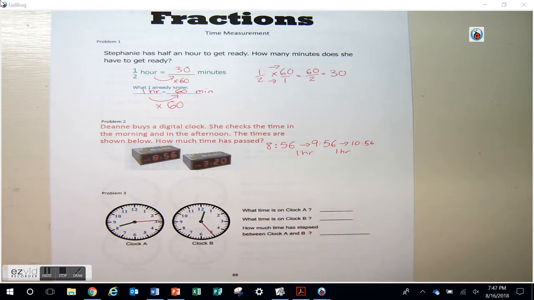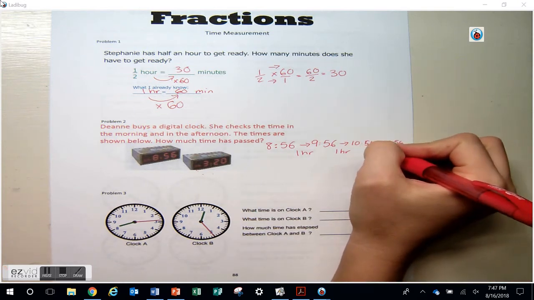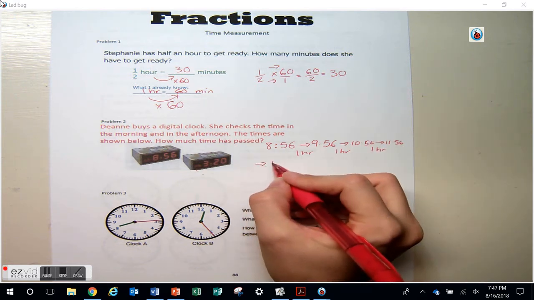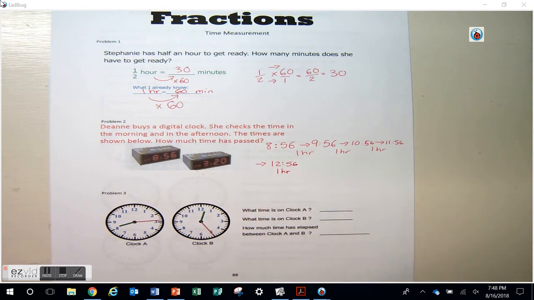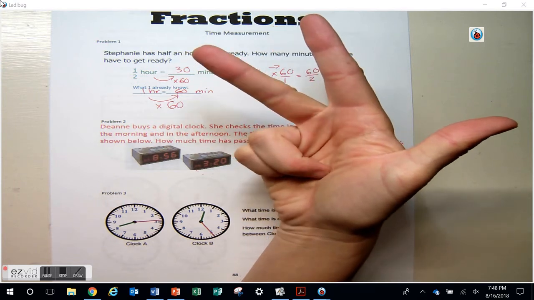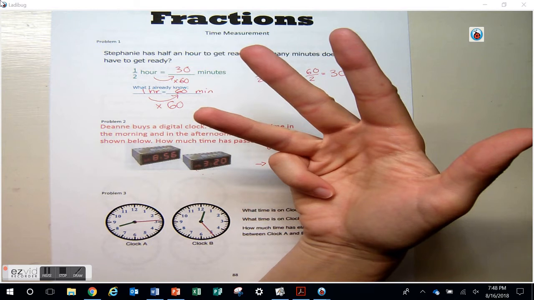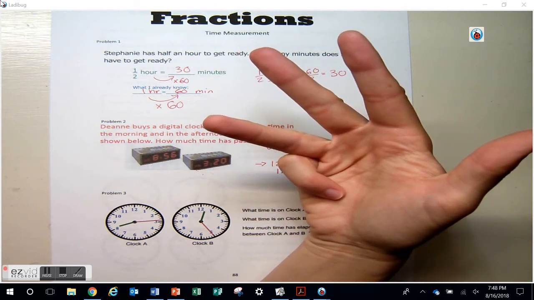Now I'm at 2 hours. From 10:56 we go to 11:56, which is 1 hour. 11:56, 12:56, which gives me 1 hour. 8:56, 9:56, 10:56, 11:56, 12:56. So now I'm at a total of 4 hours that have passed, elapsed time.